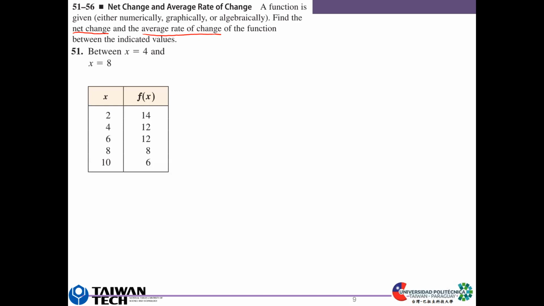So this is 4, this is 8. For the first part, net change equals f of 8 minus f of 4, where f of 8 is 8 and f of 4 is 12, which gives minus 4.